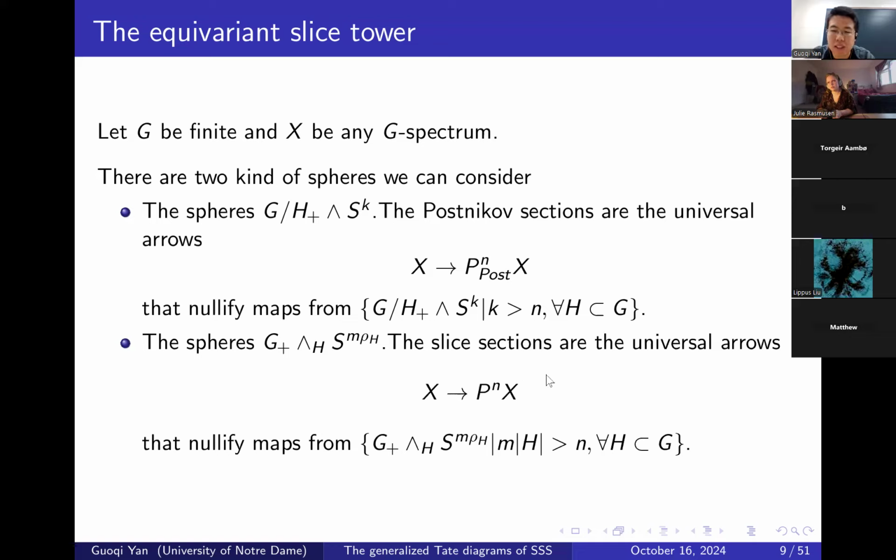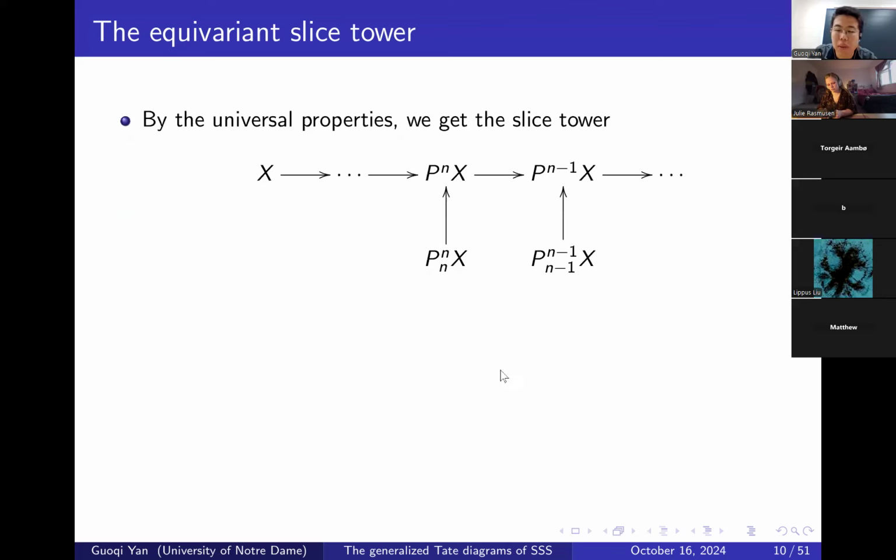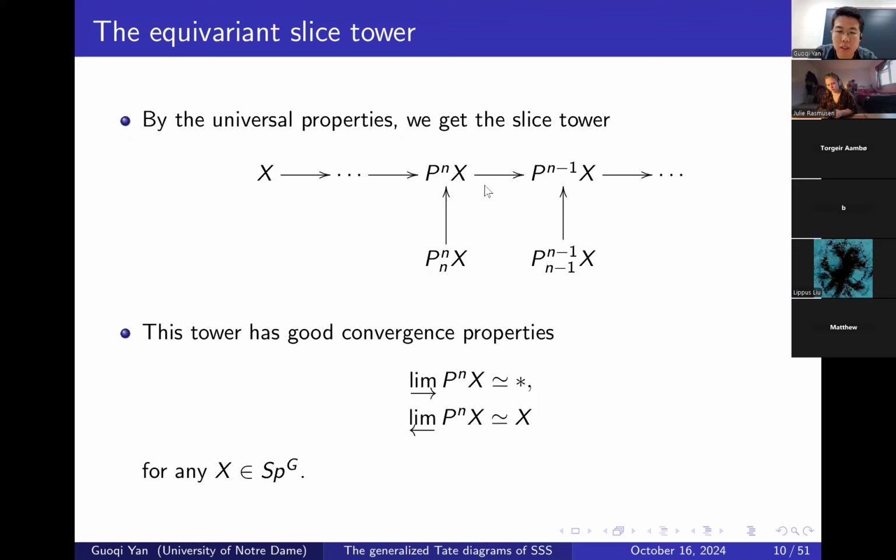And this slice section will lead to the slice spectral sequence. By the universal properties, we get a tower under X. And this tower has very good convergence properties. The inverse limit of this tower is just X itself, and the colimit will be a point. So the fiber, or the associated graded, is denoted by P^n_n X.